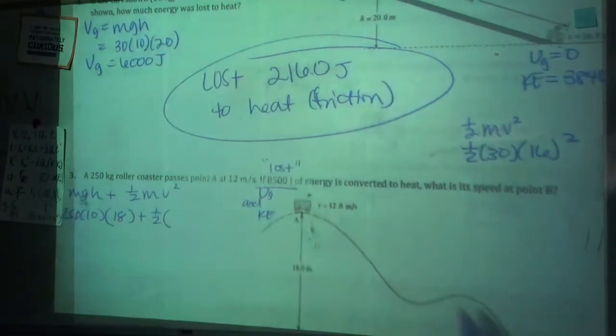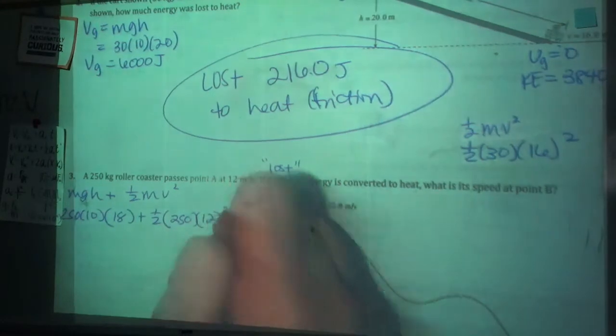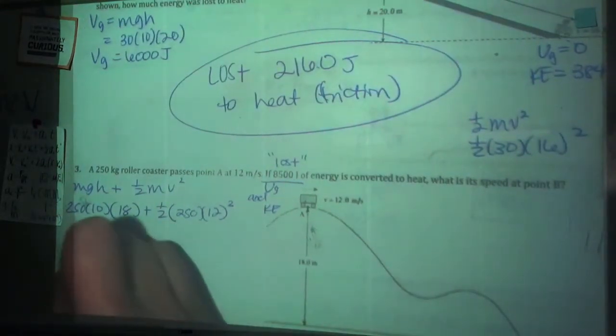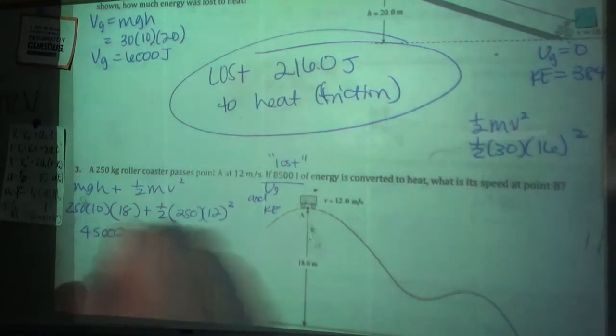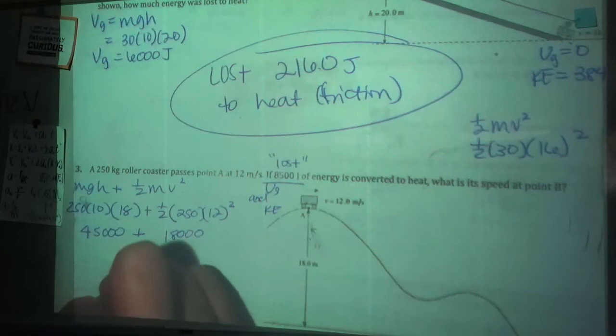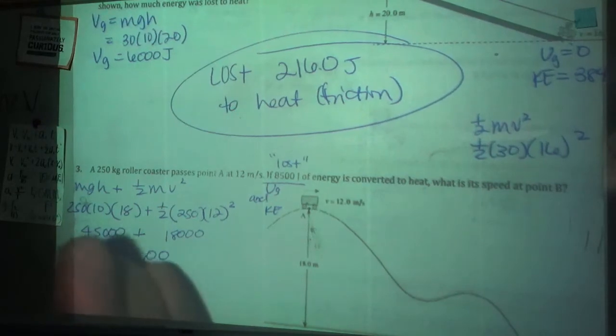Hopefully you tried this before watching the video. So we get that your potential energy is 45,000 and my kinetic energy is 18,000. So that means the energy at the beginning, my total energy, is 63,000.